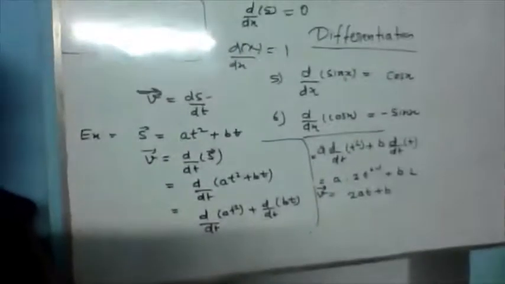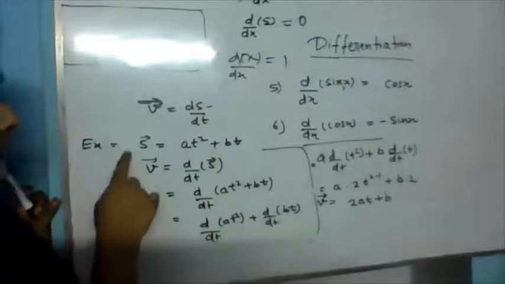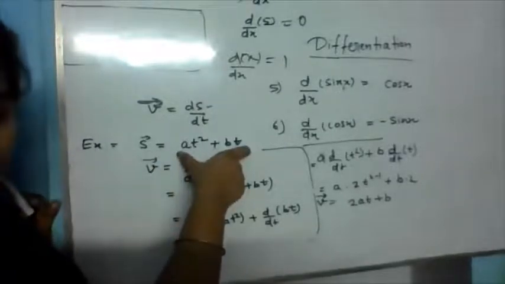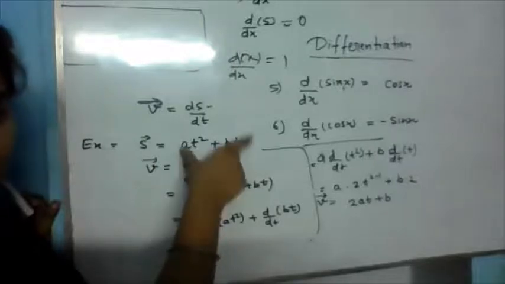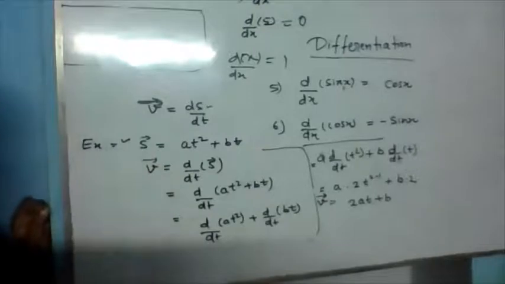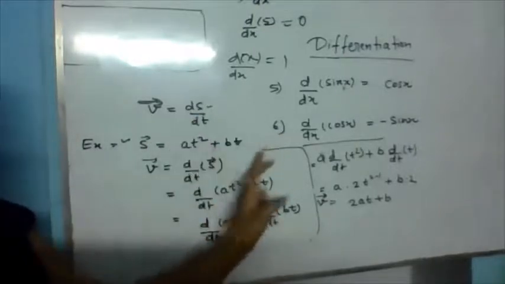See, this is a new thing. Just try to understand what the method is. Here, displacement is given in terms of time. Okay, I'm explaining once again. In this numerical, displacement, which is a position vector, is given in terms of time.